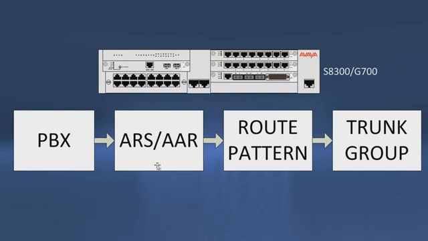You go from the PBX to the ARS and AAR, which are just tables. They're tables to say, where do I go when a user dials specific digits or numbers, okay? Then it says, go ahead and take that and route it. And the routing table tells you what trunk group it needs to go out on, okay? But I'm going to show you each of these, all right?